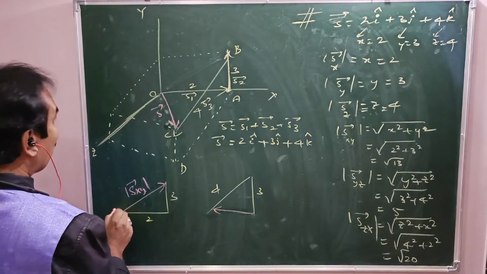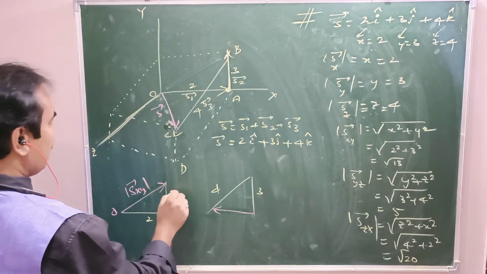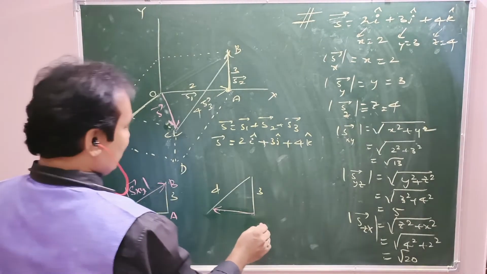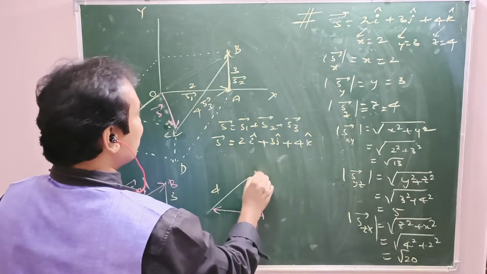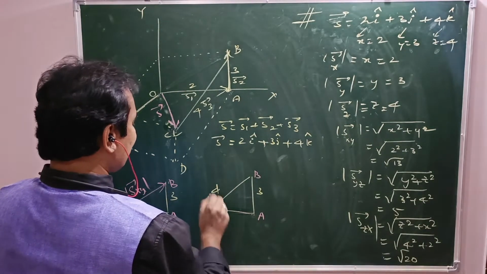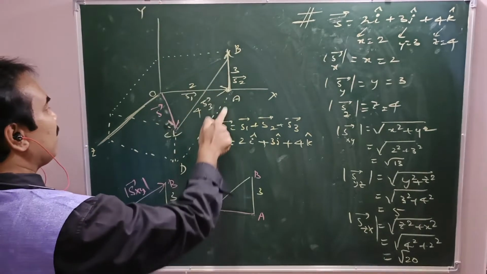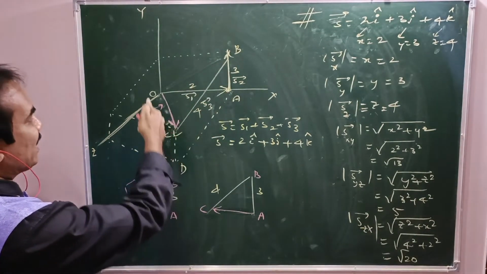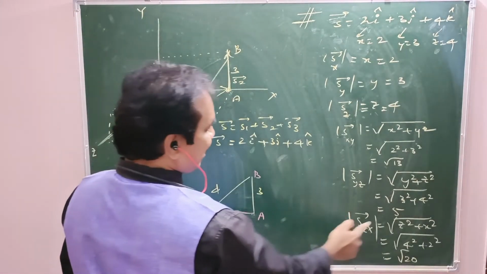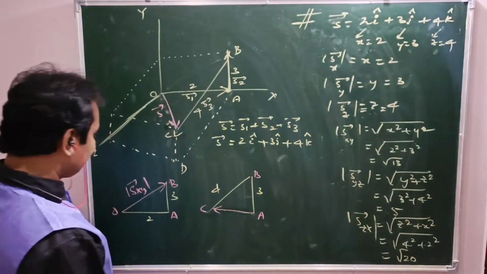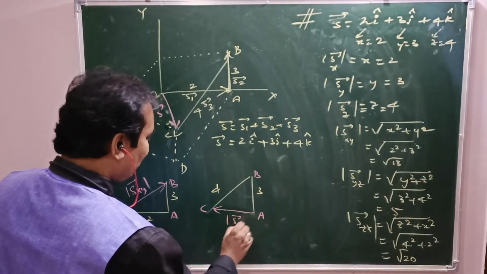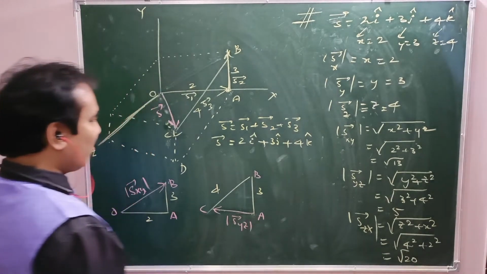Here O, here A, here B, here C. This is the diagonal side. In this plane, diagonal AC becomes the length of S bar in the YZ plane. What is that measurement? 5. So this is mod S bar in the YZ plane.